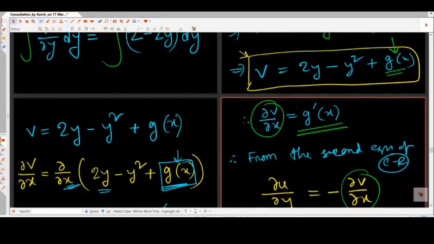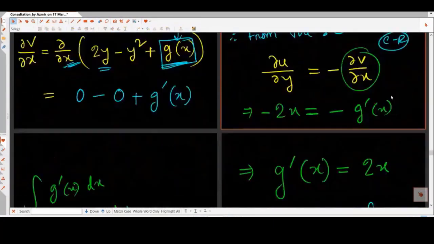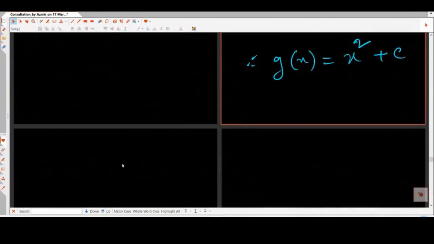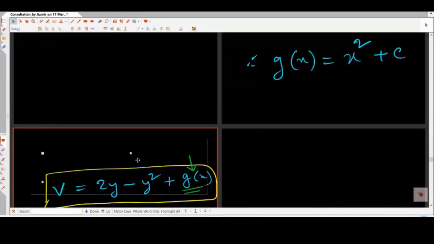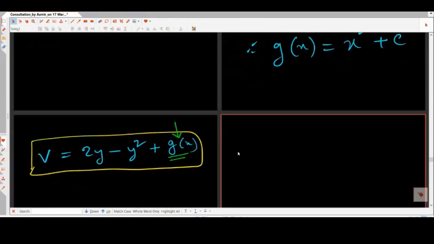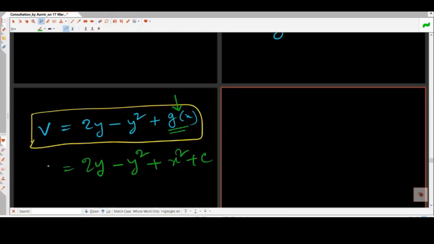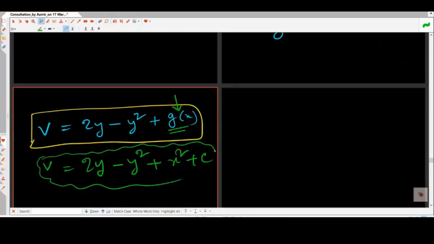So our v is here. The only unknown that we had, g of x, is already in our hand. So let's plug g of x here. That is 2y minus y squared plus g of x, which is x squared plus c. So this is our v, and we have found our result.